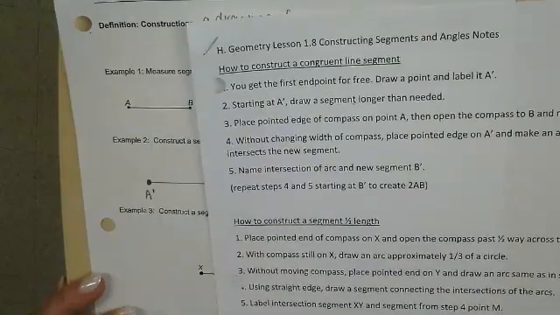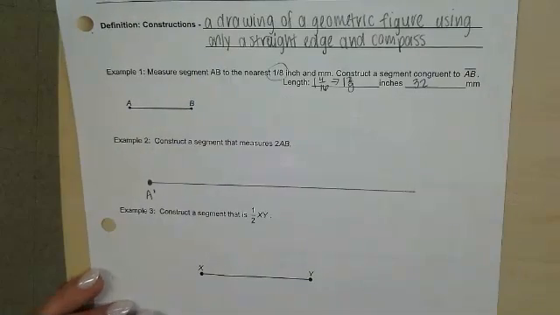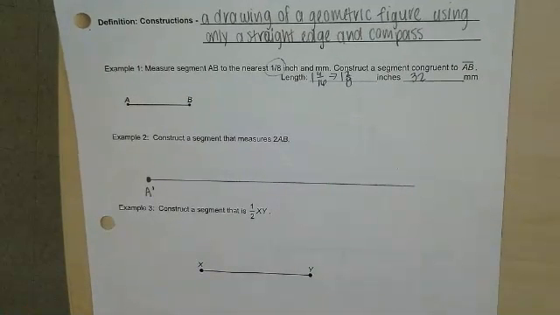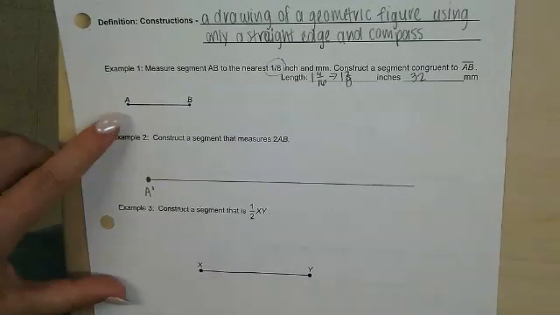This says you are going to place the pointed edge of your compass on point A, not A prime, A. A was in the original, right?